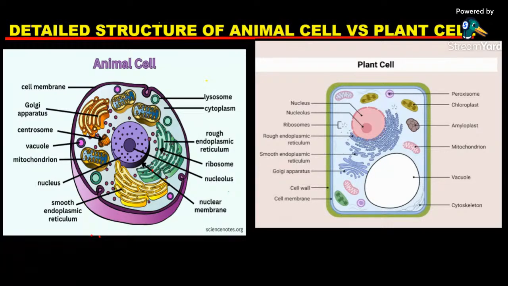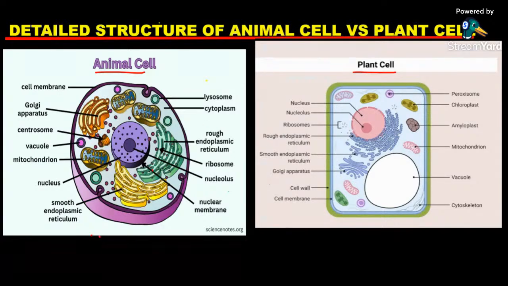This is an animal cell, the same one that we have looked at, the simplified one, but you can see there are additional parts. And this is the plant cell, the same one that we have looked at, but here, as you can see, there are some more structures that you are able to see.